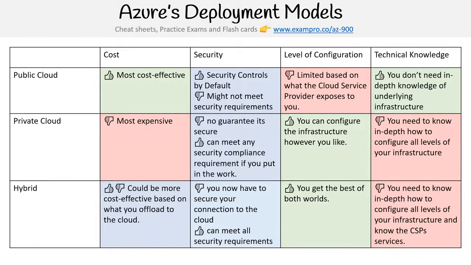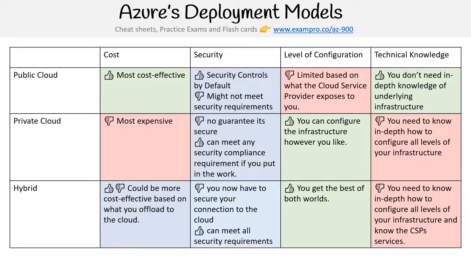For level of configuration, it's going to be limited based on what the cloud service provider exposes to you. Still, there's a lot of configuration there. It's just that if you have your own servers, you obviously can do anything and everything with them. For technical knowledge, you don't need to have as much in-depth knowledge of the underlying infrastructure because you're not physically setting up servers or that networking and everything else.